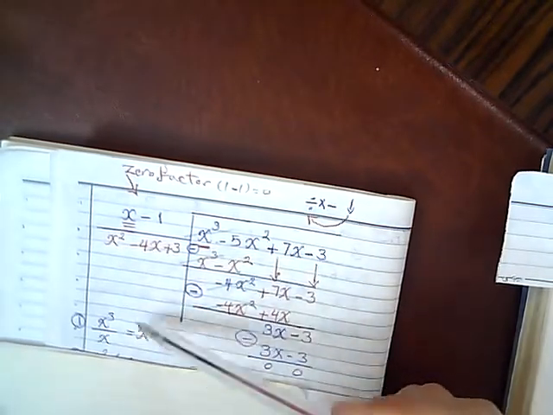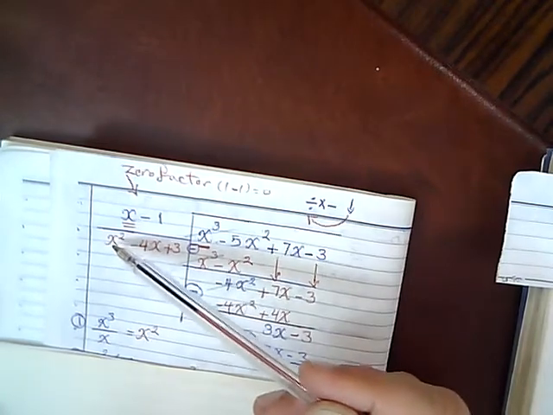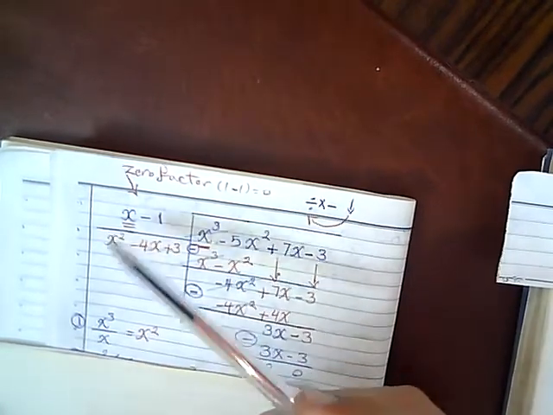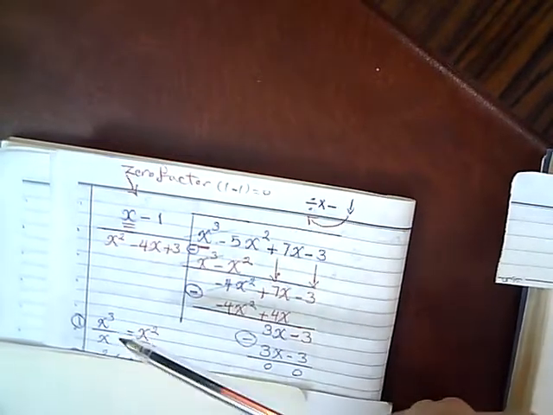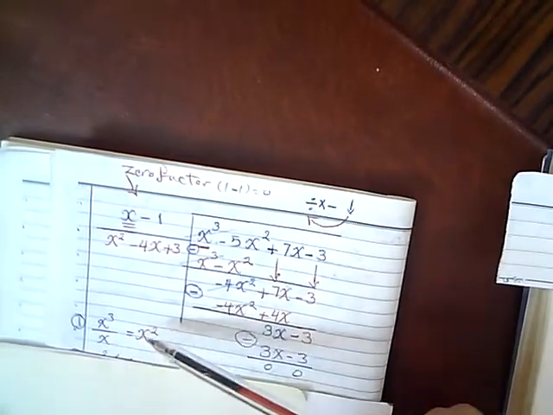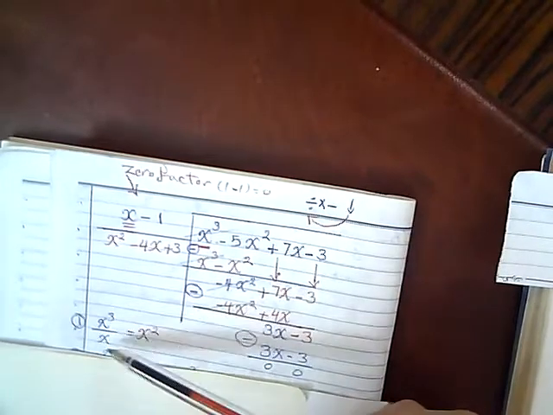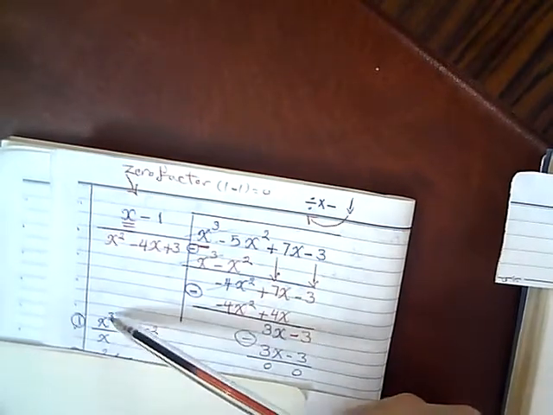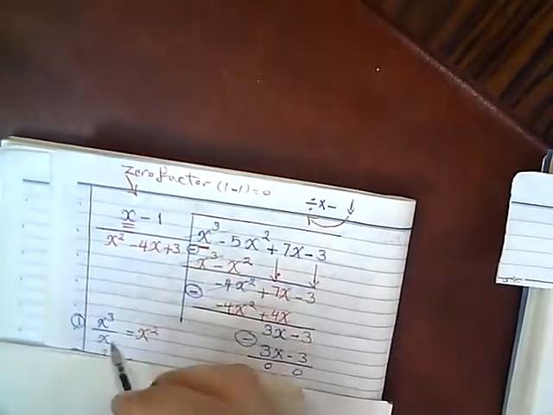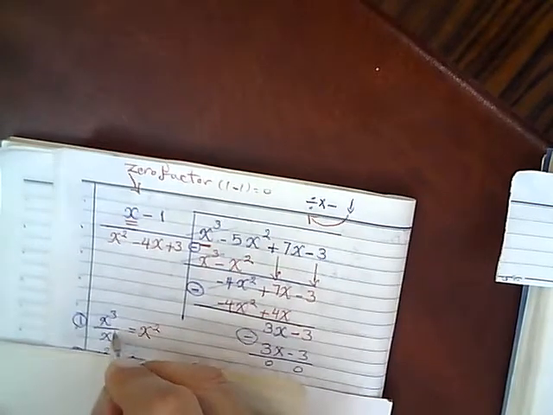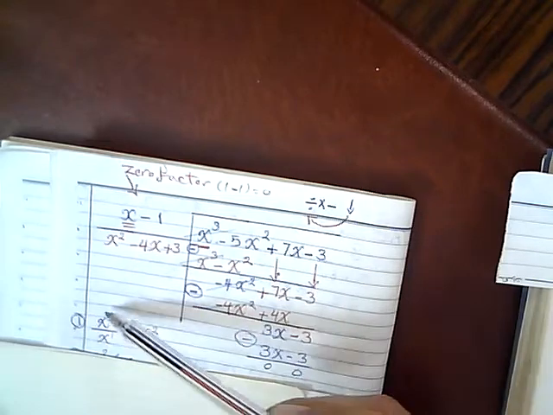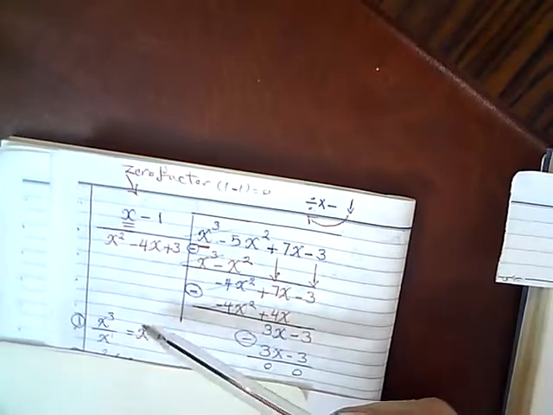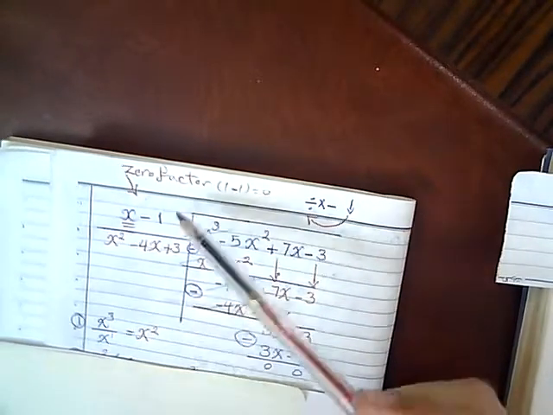You put the answer of division always under the divisor. Okay, what do we do? x power 3 divided by x equals x power 2. Why? Because when we divide, we minus the powers. The power up is 3 and the power down is 1, so you do x power 3 minus 1, so that's going to be x power 2.